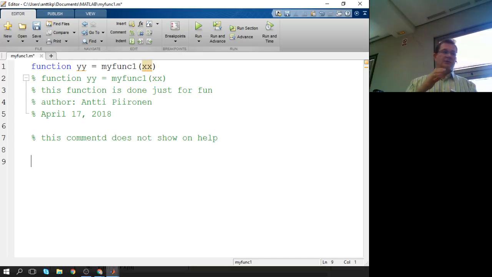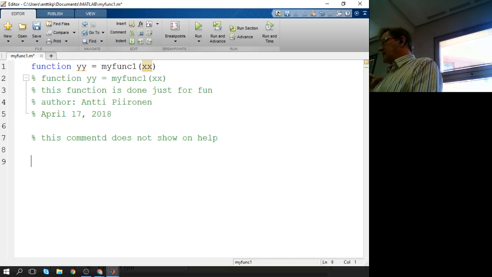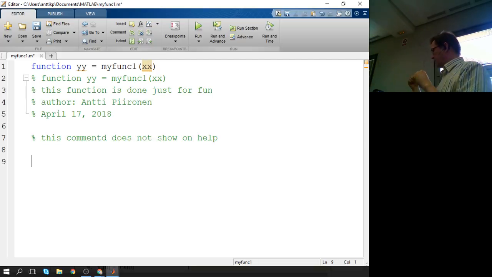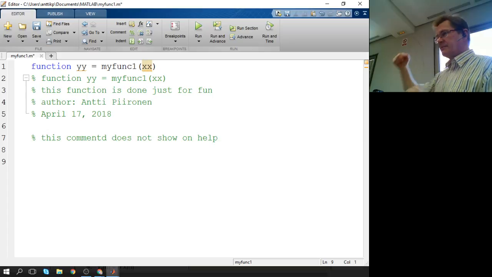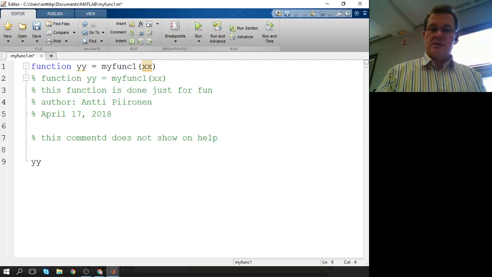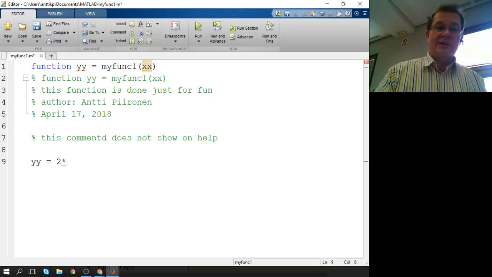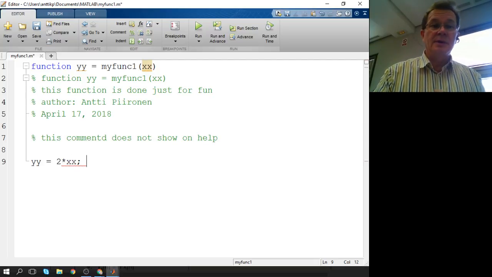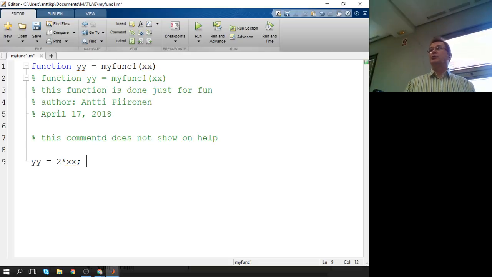So you will use it as any other function. You set a variable equal to my func1 with the input variables. Okay, so just to prove a point, I'll make a simple function that multiplies the input by number 2.